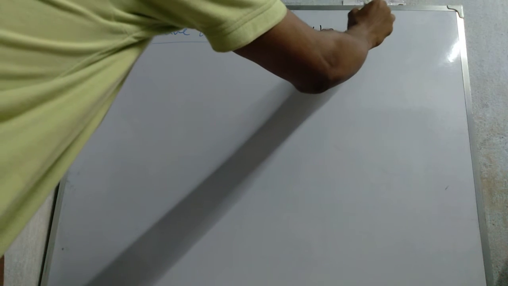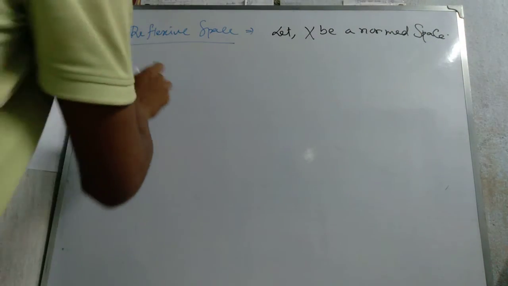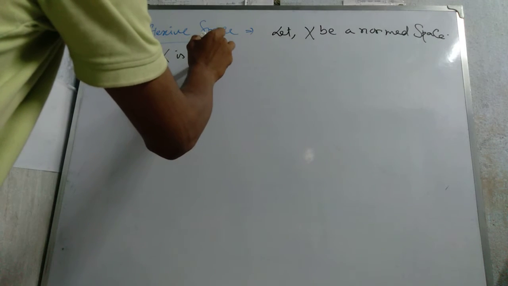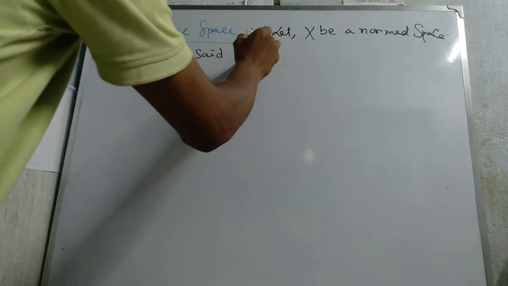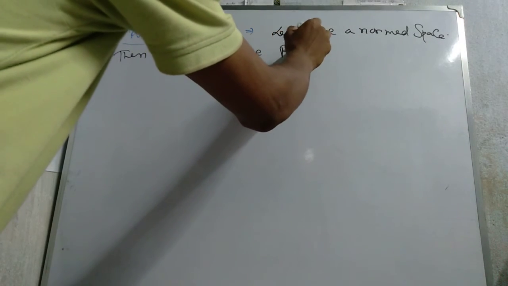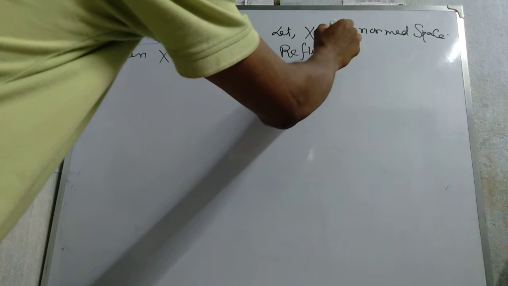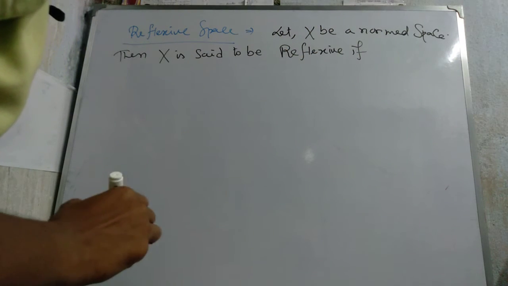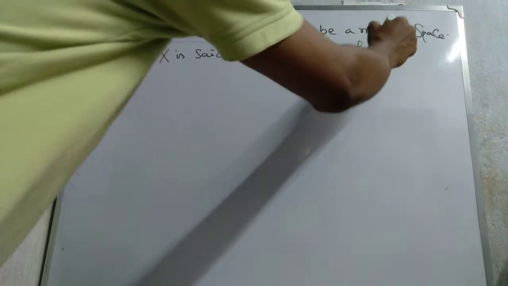Then X is said to be reflexive if the canonical embedding mapping is onto.